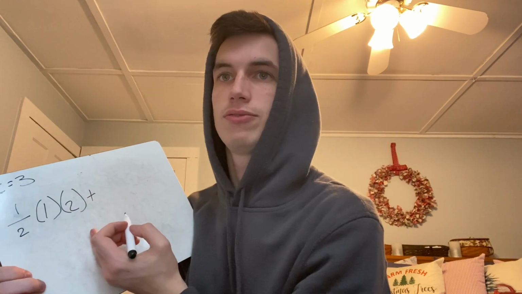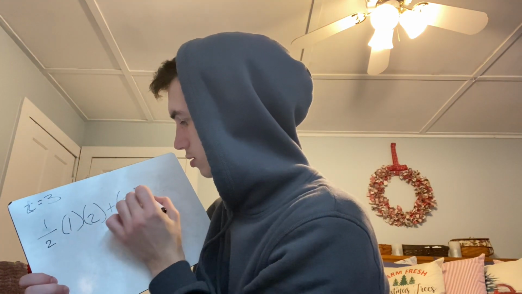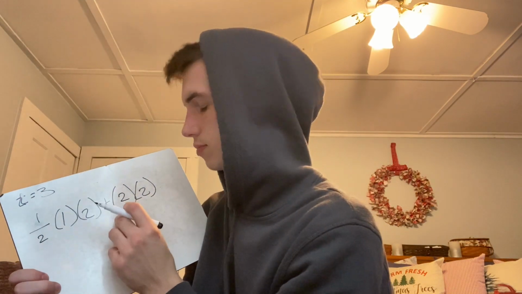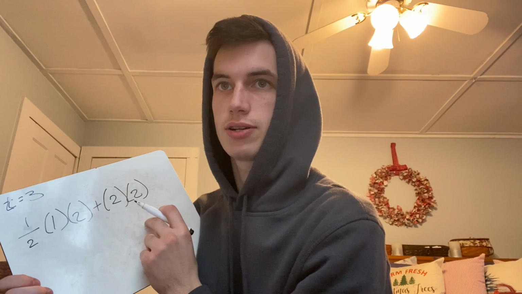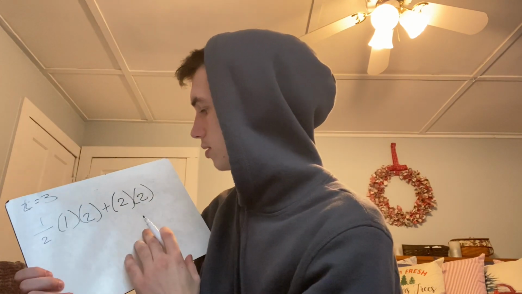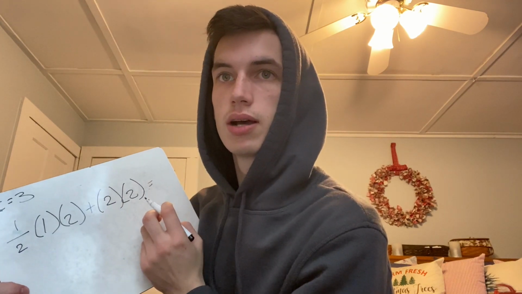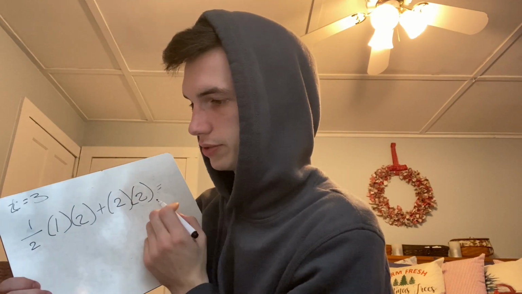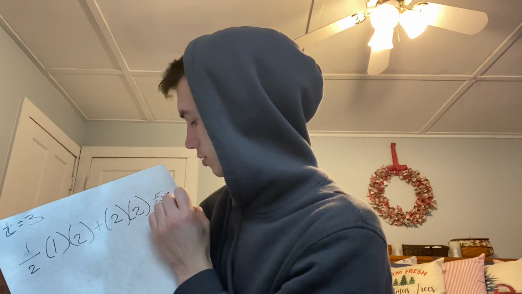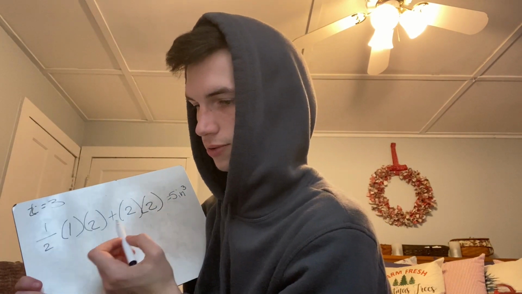So now we have to add from time 1 to time 3. And this is represented by 2 and 2 because it's 2 seconds long and it increases 2 in that section. And this gives us 5 inches cubed. That's what the volume is at t equals 3.